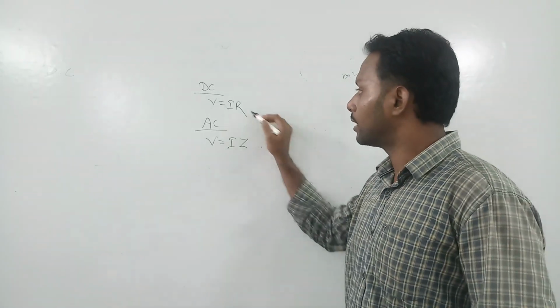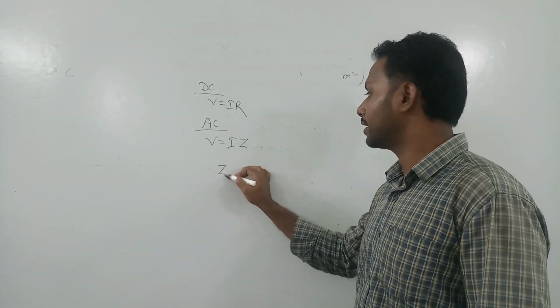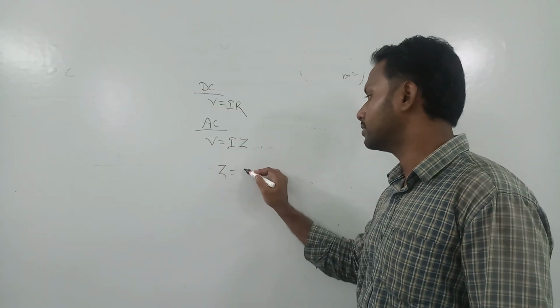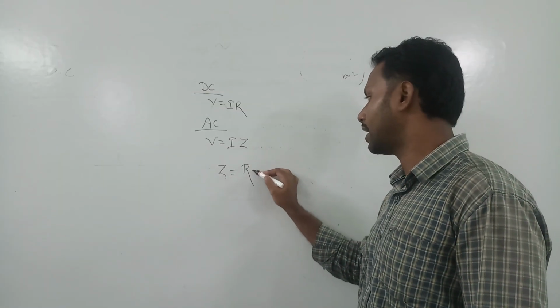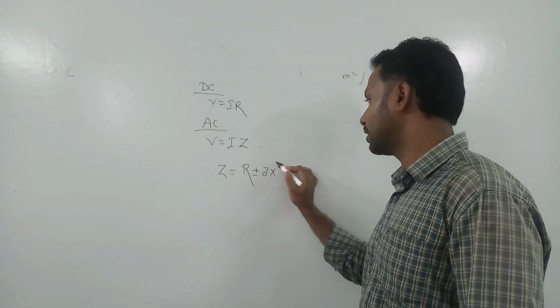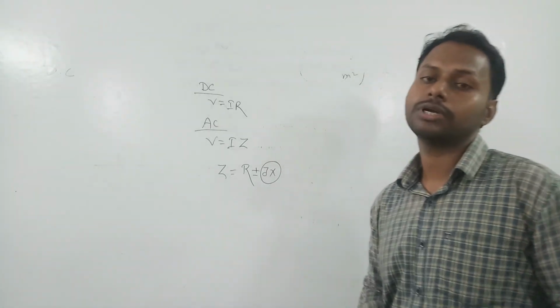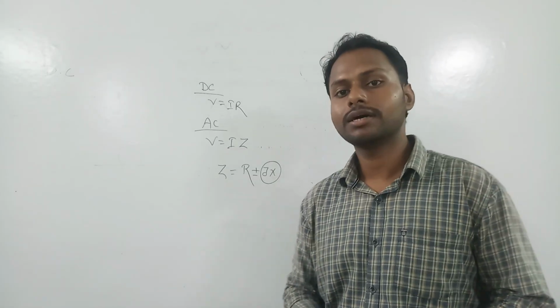Here Z is nothing but the impedance of the circuit in an AC circuit, and Z is represented by R plus or minus jX, added with reactance due to the magnetic field and capacitive field.